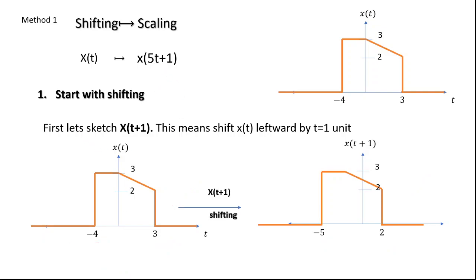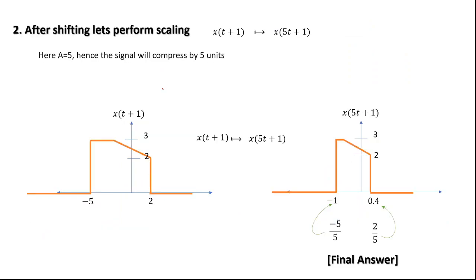Now that we have done shifting, the next thing we have to do is perform scaling, and get the final answer. Now you can see here the value of a, that is the scaling factor, is greater than 1.